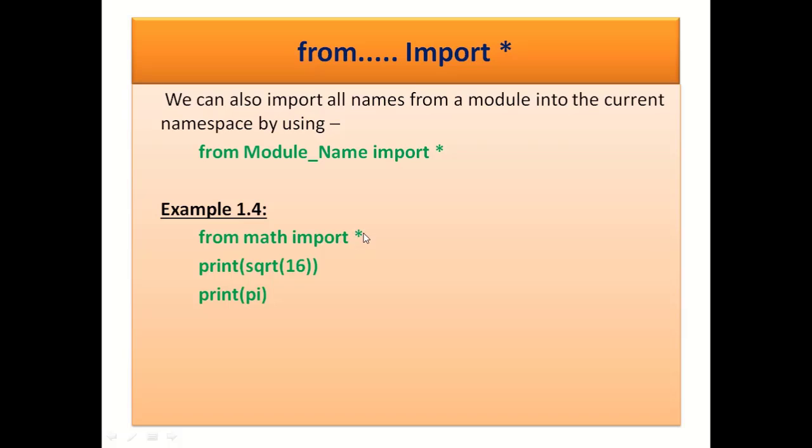Import star means we have imported all the properties which are peculiar to this math module. Whether it is the value of pi or any function, all those properties are imported in this statement from math import star. It is similar to the import math statement, and can also be written as from math import star.